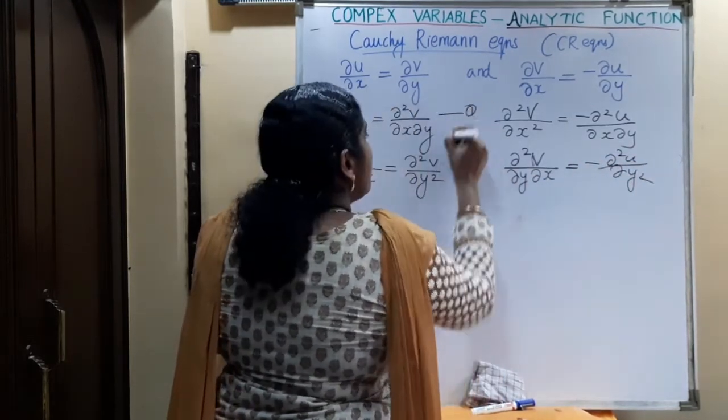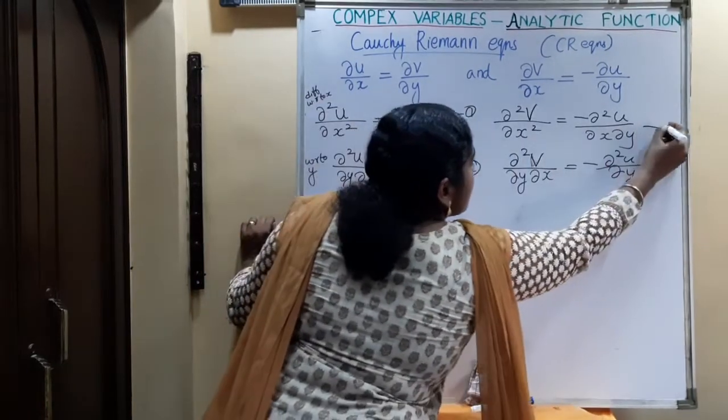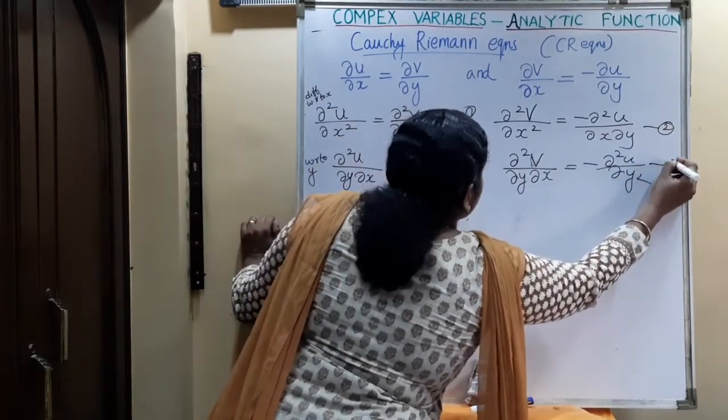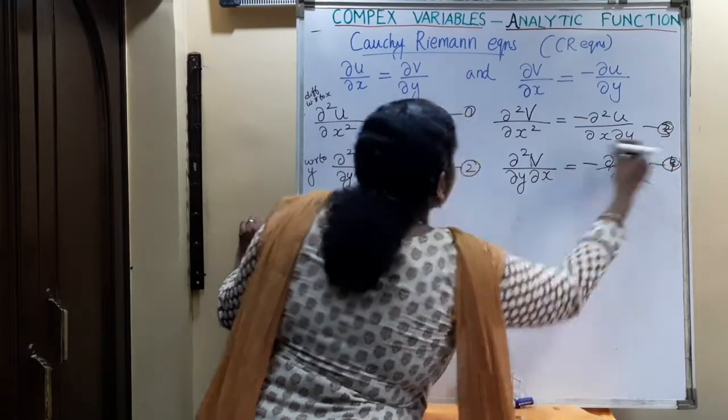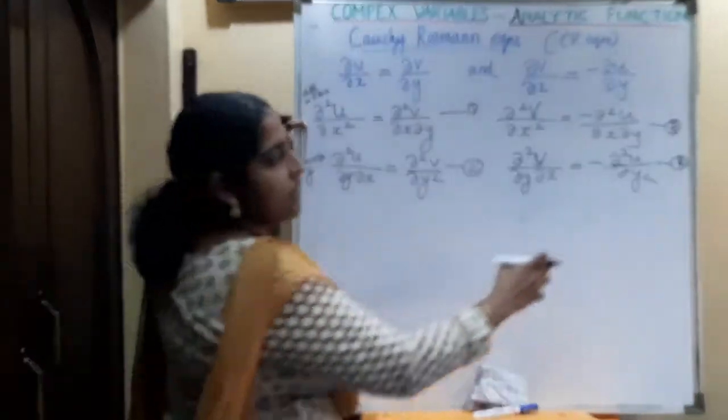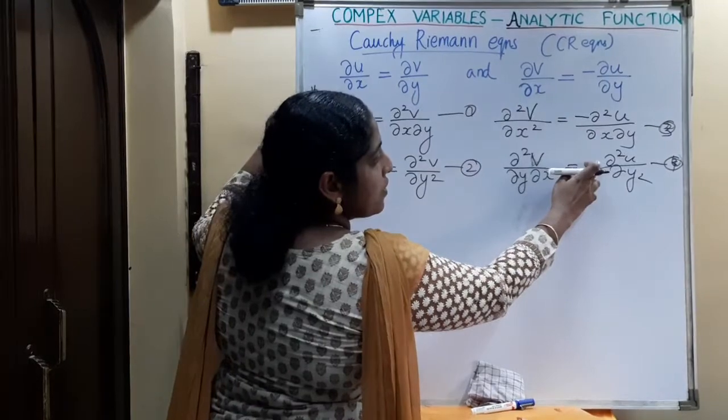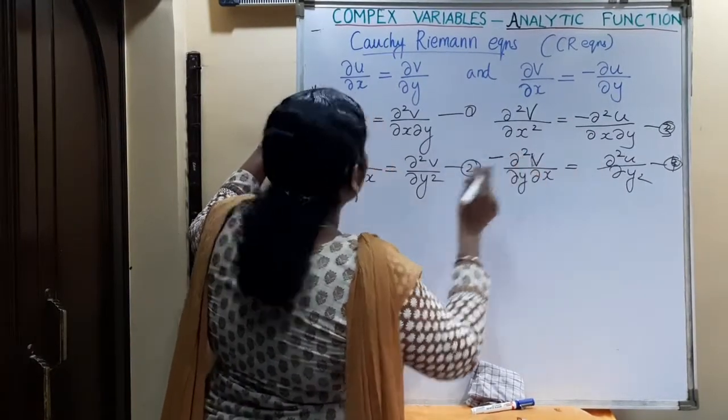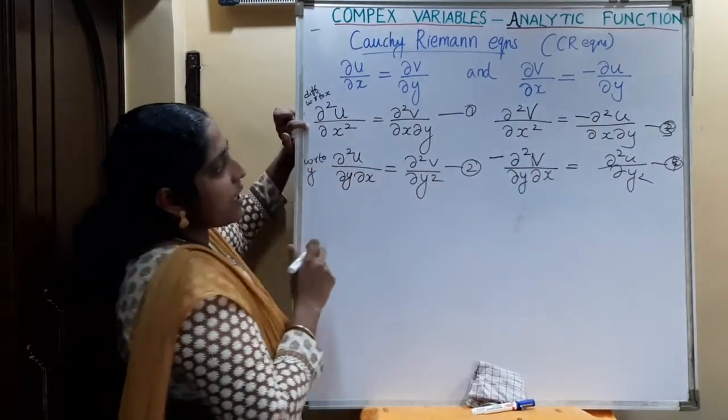Now we add the expressions. See, this is dou square u by dou x square, and here we have dou square u by dou y square. So when we take the minus to this side, we can add equations 1 and 4.